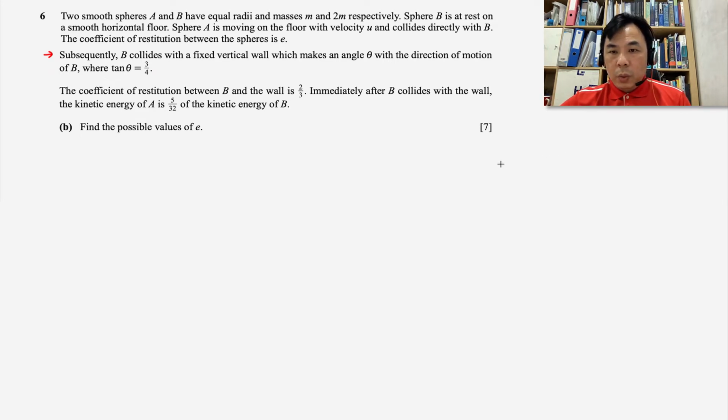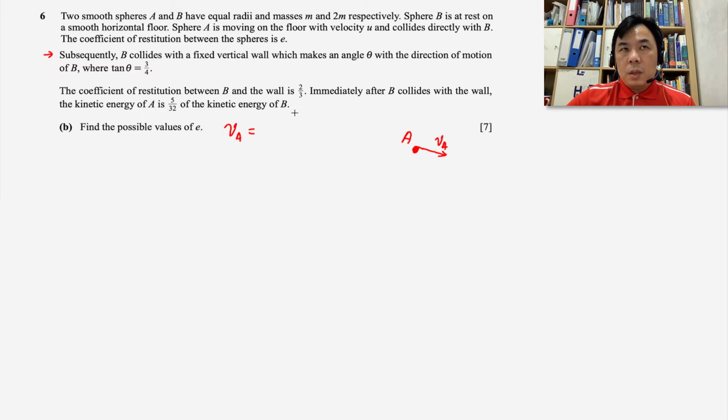Okay. Now, we know that after the collision, maybe I draw it this way. Okay, this is particle A. Particle A, after the first collision, is moving at VA, which is given by, let me see whether I remember this correctly or not.